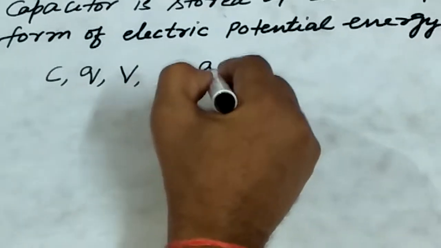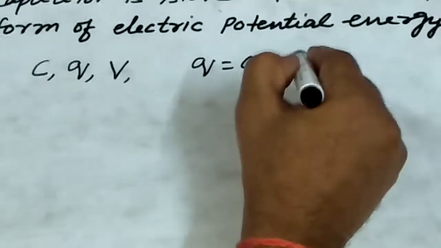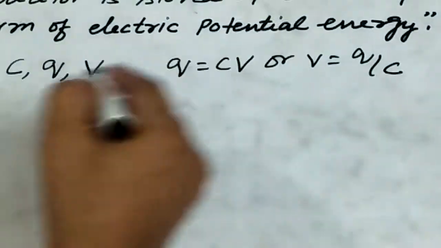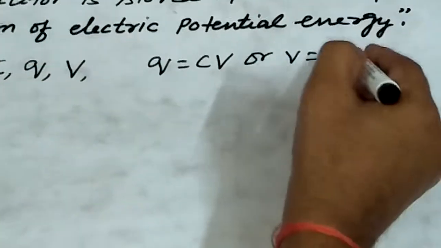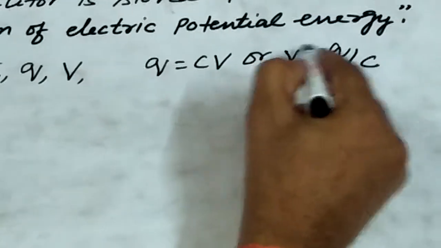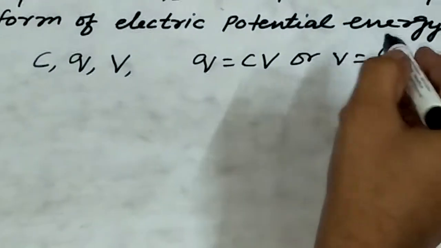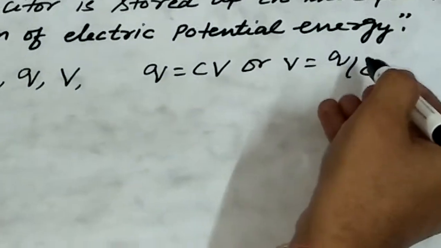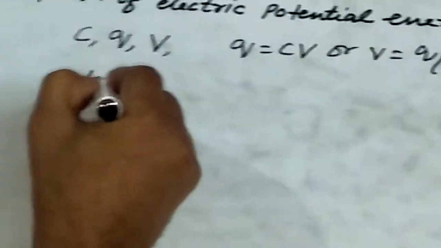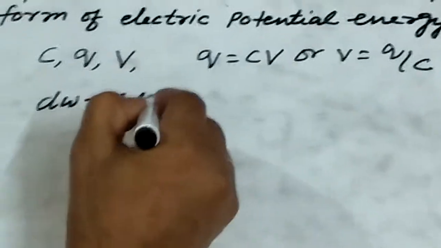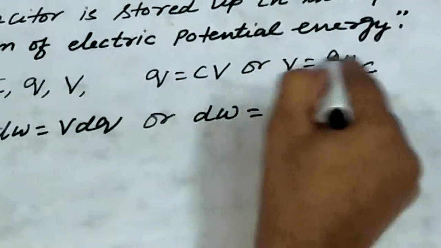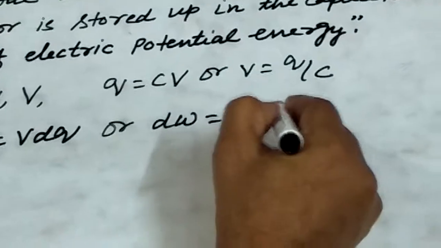is V, then we can write Q is equal to CV, or V is equal to Q upon C. Now, when this charge Q is already given to the capacitor, the potential difference between the plates of the capacitor is Q by C. When we want to give an extra charge dq to that capacitor, then in this process again we do work, and that work dW is given by V into dq, or you can say dW is equal to Q by C into dq.